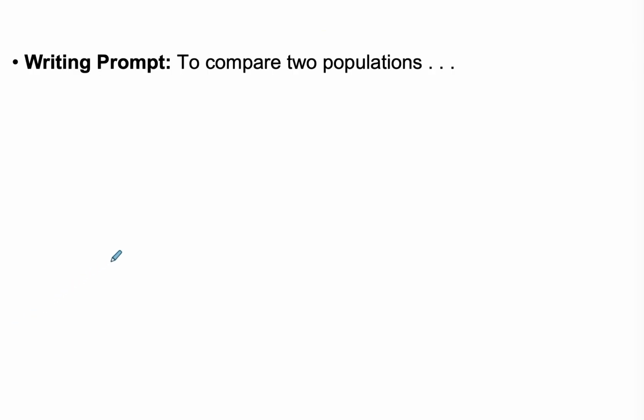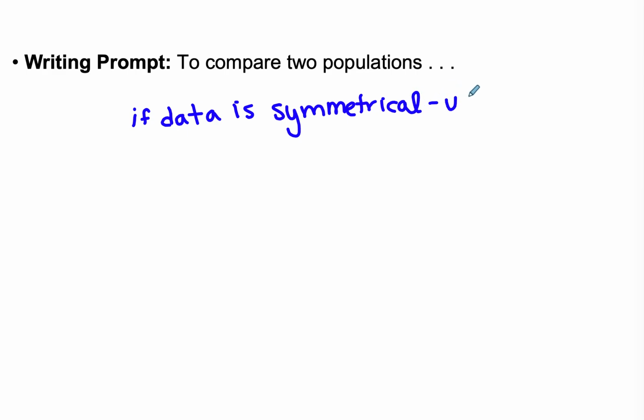All right, and our last one for today, go ahead and pause the video and write what you think for this one. Okay, let's check our answer. So to compare two populations, if the data is symmetrical, we're going to use the mean and MAD.